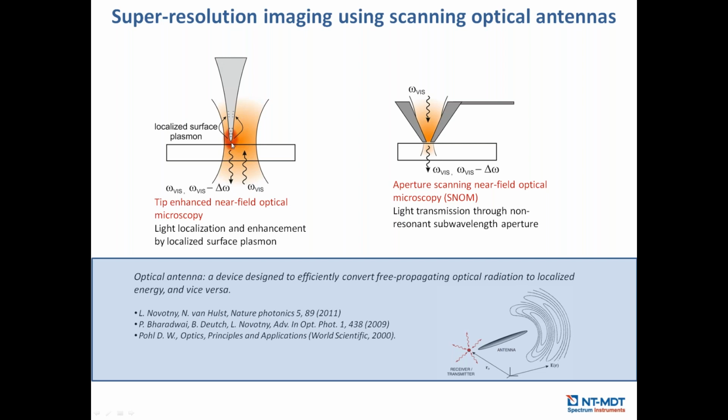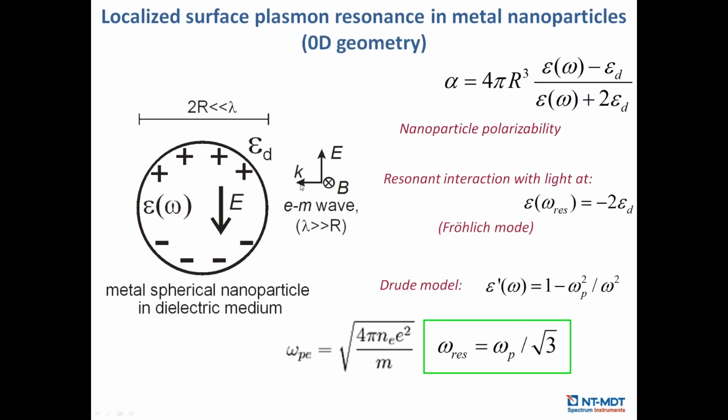In this case, resolution is no more defined by the diffraction limit, it is defined by the area of localization of the enhanced field. The physics inside this process is the following.